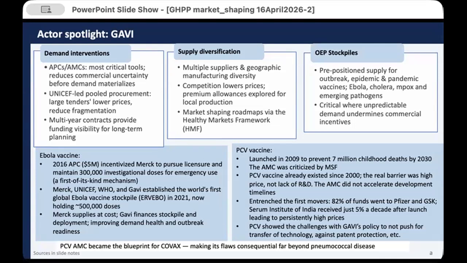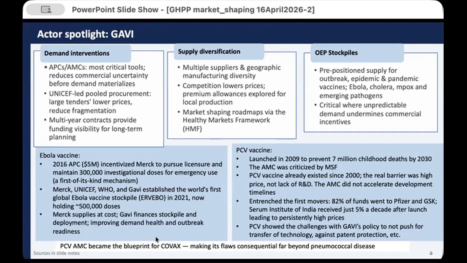Those choices had consequences beyond PCV. By not acknowledging the shortcomings of PCV's AMC, the same model was replicated during the COVID-19 pandemic and became the blueprint for COVAX, exacerbating the inequities. I'm sorry if I still went too fast, Liza, but over to you, Sharnan.